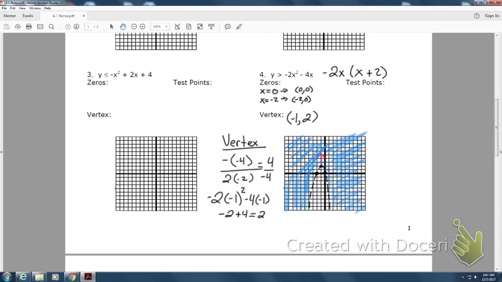And then the test point, again, if I can ever use (0, 1), I will, because that makes that math really easy. 1 is greater than negative 6. That tells me I shaded correctly.